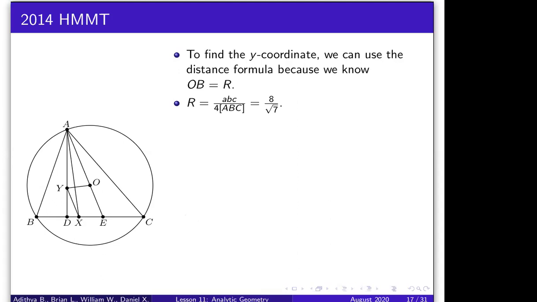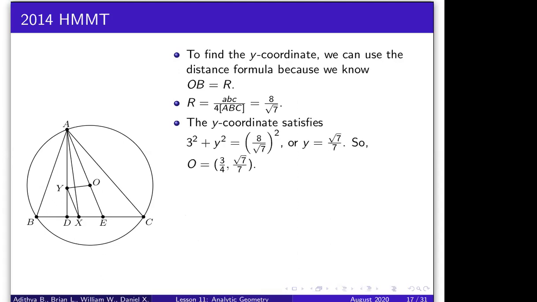So we get R is 8 over root 7. And then from the distance formula, we have 3 squared plus y squared is (8 over root 7) squared. And if we solve this, we get y is root 7 over 7. So we can conclude the coordinates of O are 3/4 and root 7 over 7.